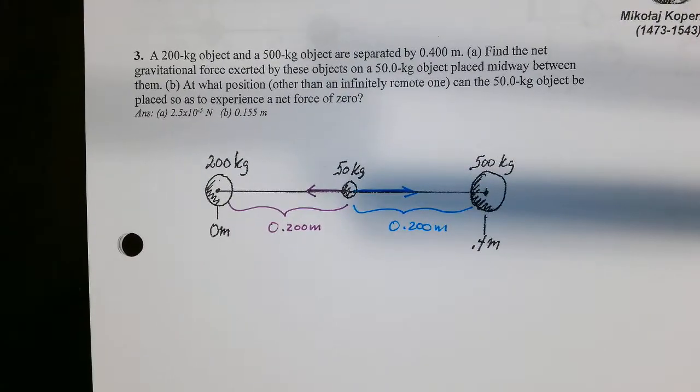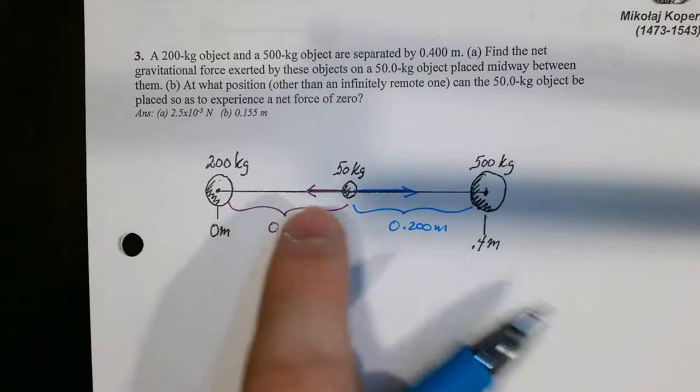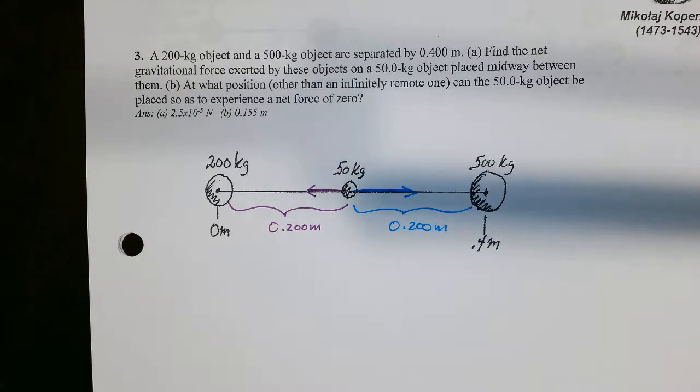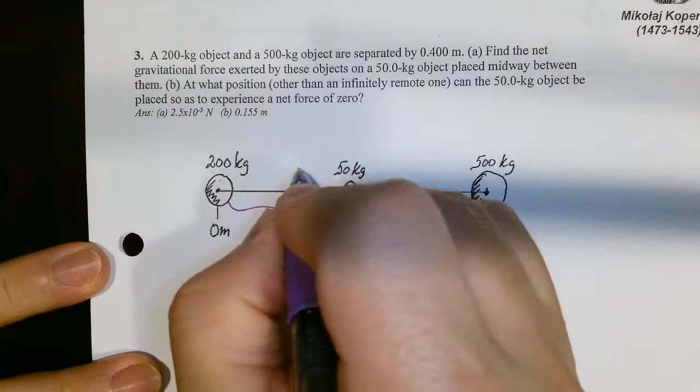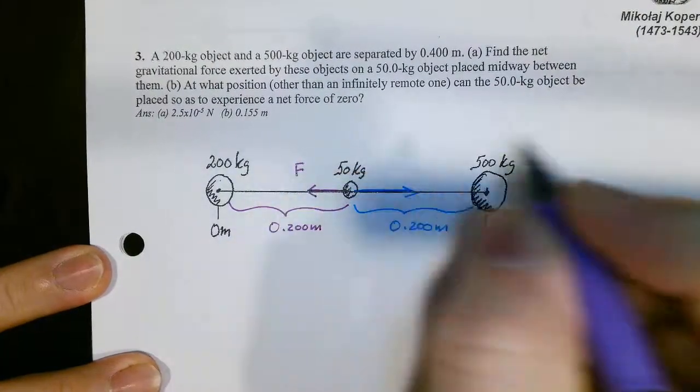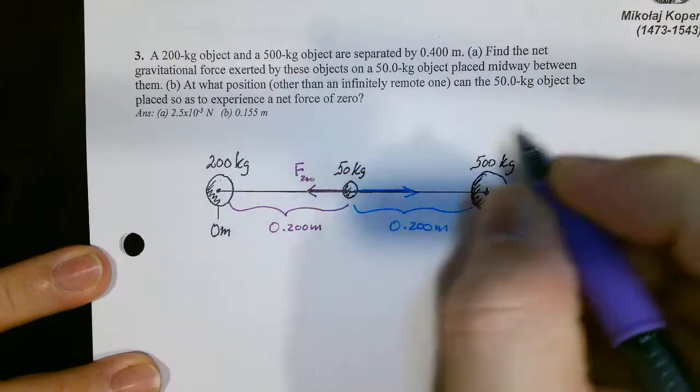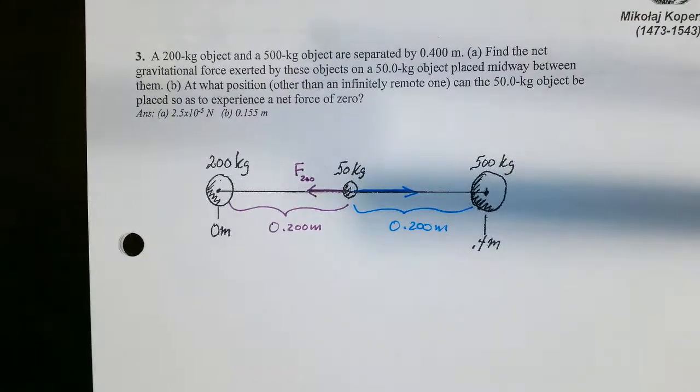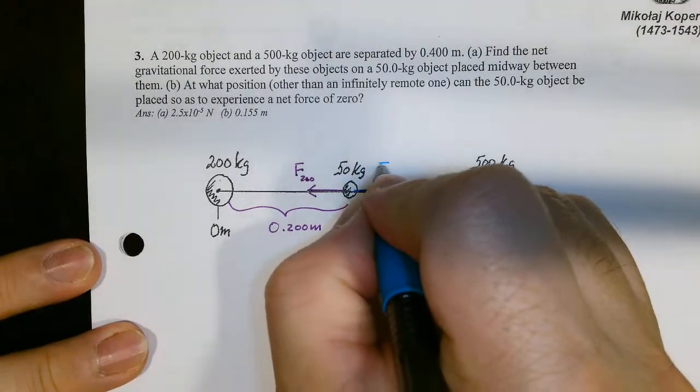So all you have to do now is just find the force of this and force of this, and then add them up vectorially. We'll call this one F200, and then we'll call this one F500.